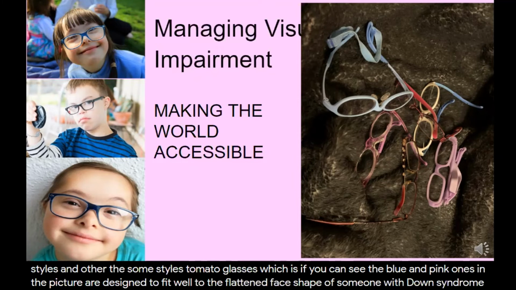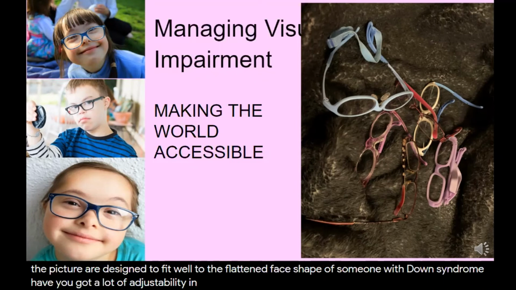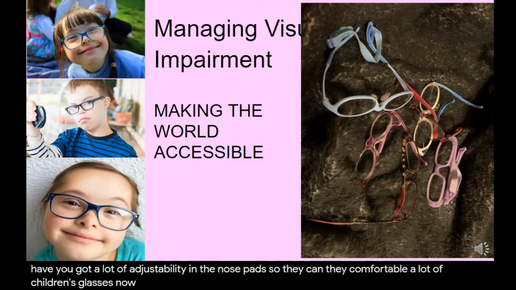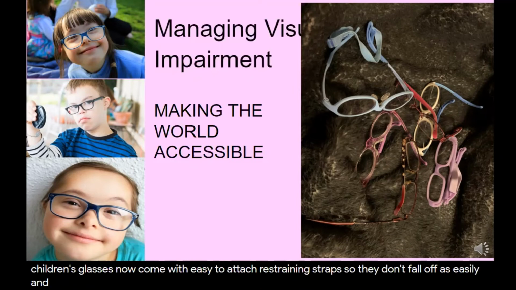They've got a lot of adjustability in the nose pad, so they can be made comfortable. A lot of children's glasses now come with easy to attach restraining straps, so they don't fall off as easily, and they're not going to be lost as easily by a very active, busy child.